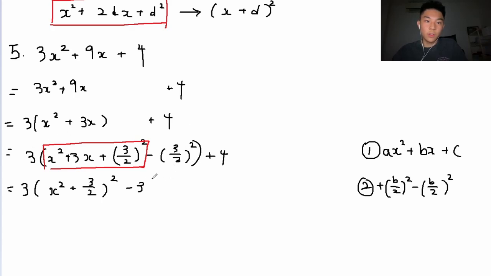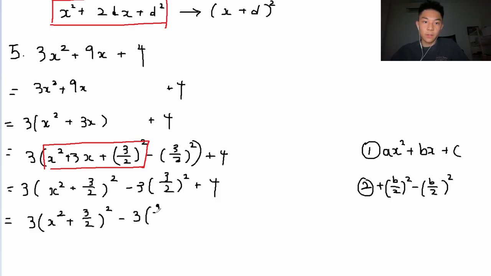So we get 3 × (3/2)² + 4. Let's simplify our equation. The first part is the same. (3/2)² is 9/4. So we get 3 × 9/4 + 4.